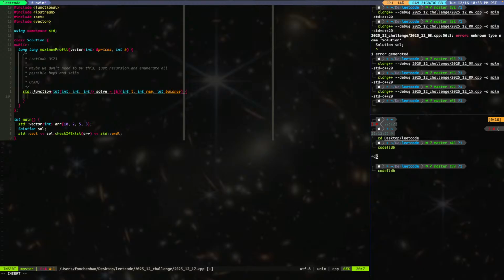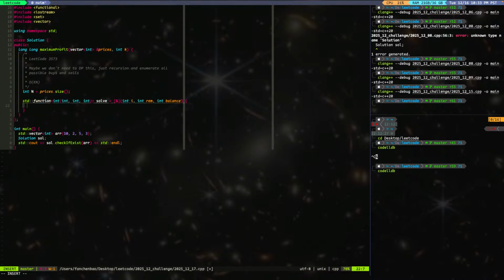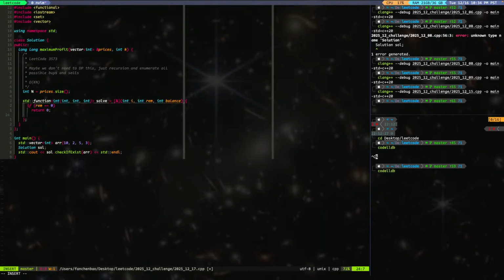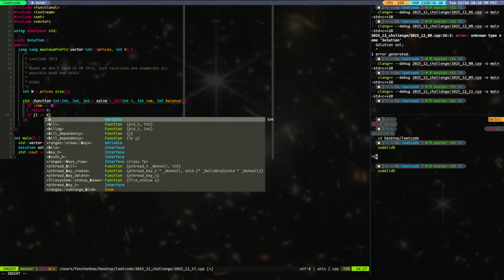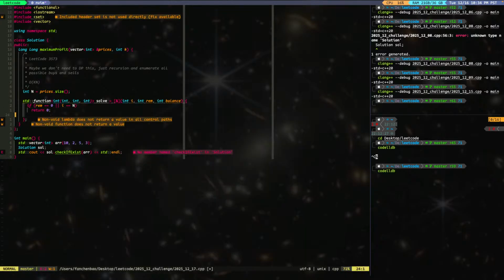Now we have to have this prices or size. If remaining transaction is equal to 0, we return 0, right? If I is equal to n, we return 0, right?